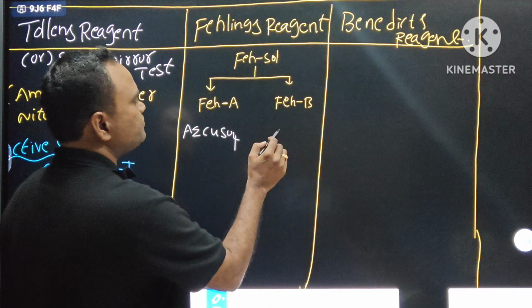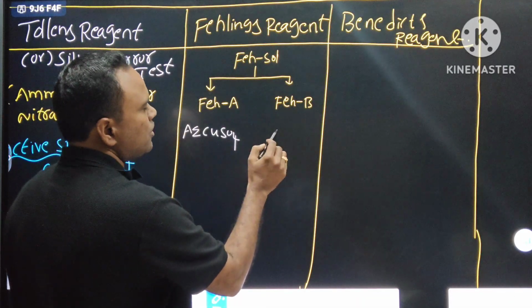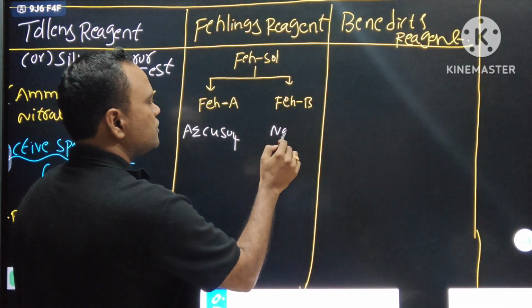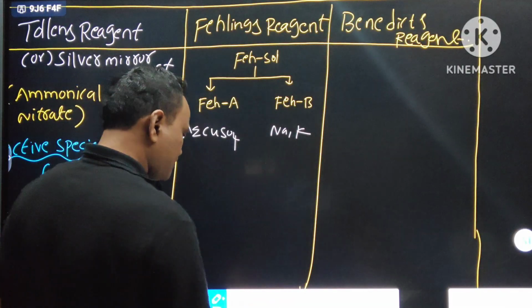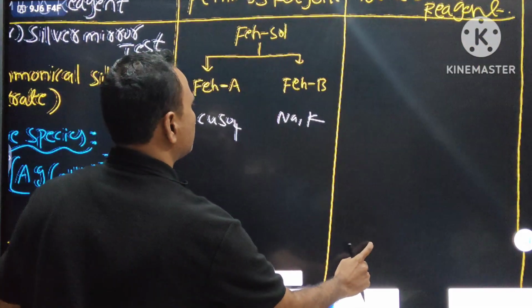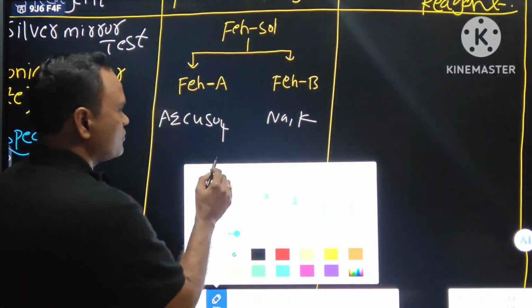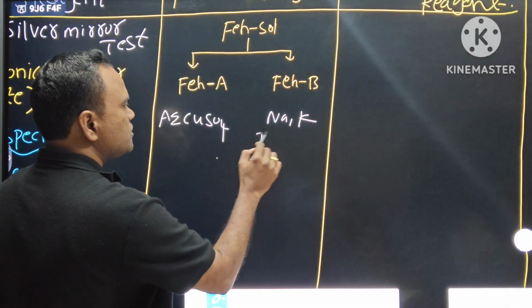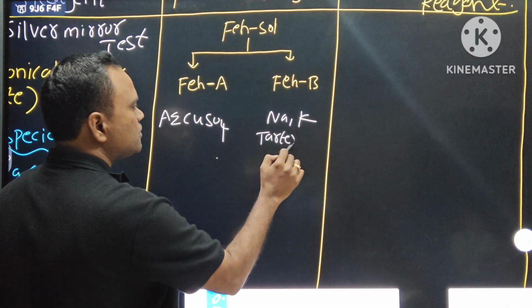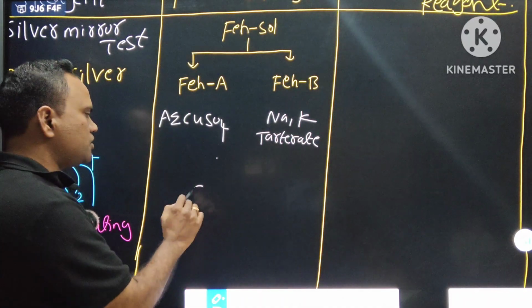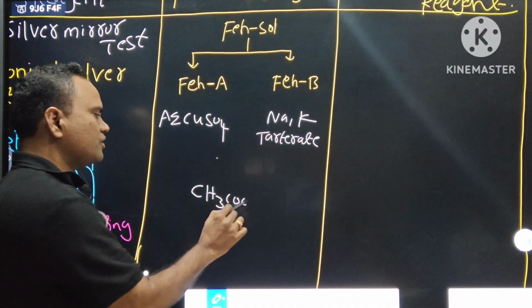Fehling B is the salt sodium potassium tartrate, the salt of tartaric acid. You tell me, what is its name?